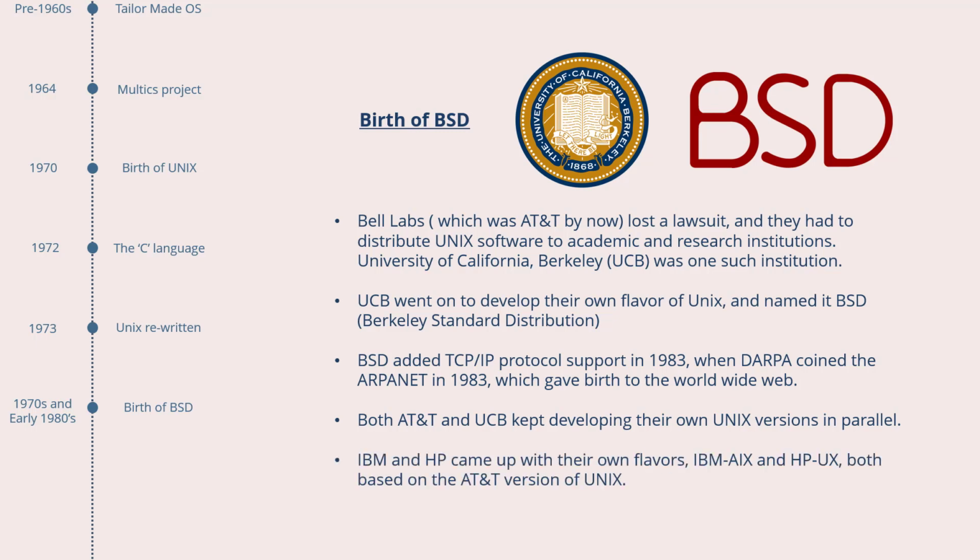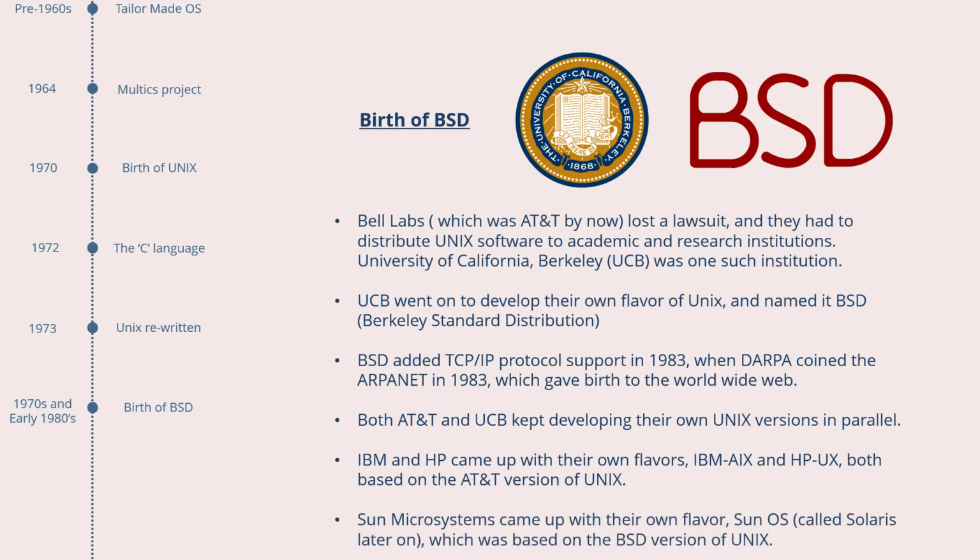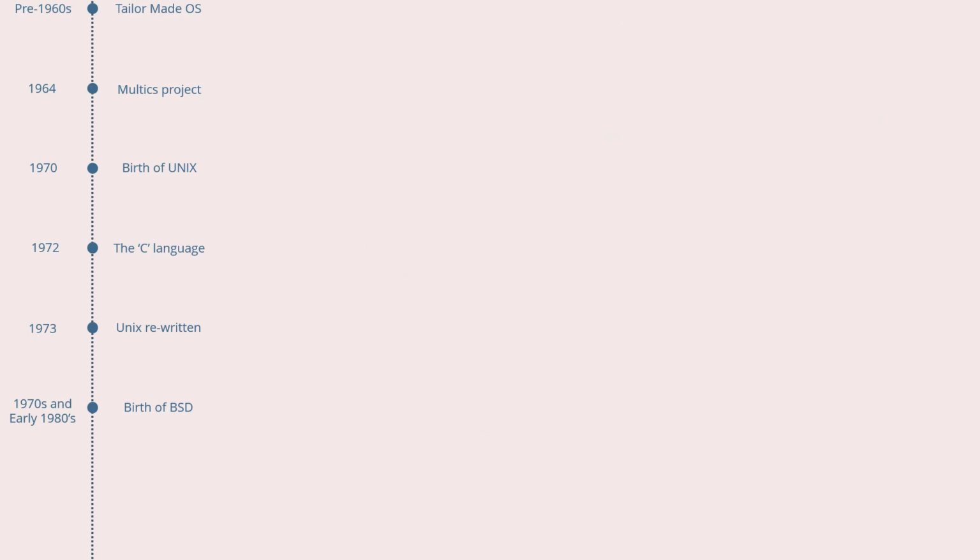IBM came up with their own flavor, AIX, and HP came up with HP Unix, both based on the AT&T version of Unix. Sun Microsystems came up with their own flavor, Sun OS, which was based on the BSD version of Unix. Sun OS was later renamed to Solaris.